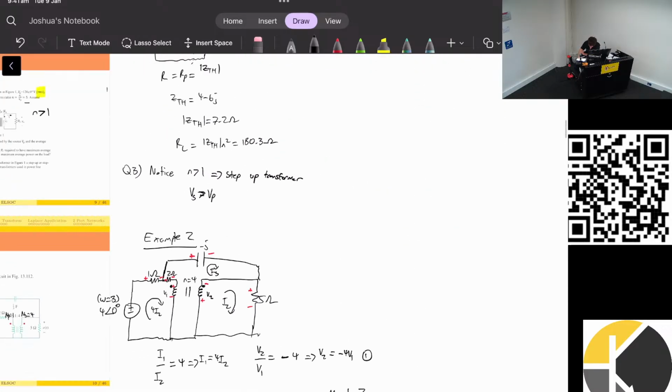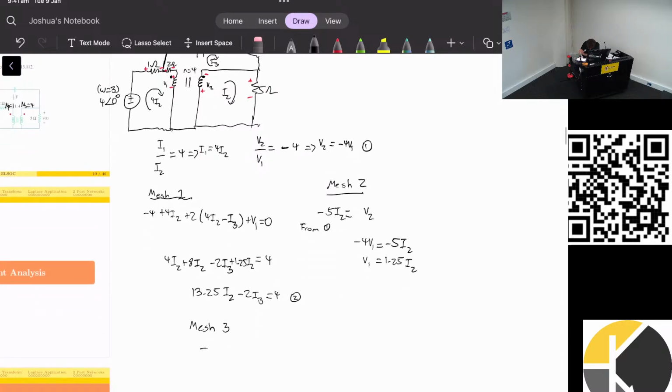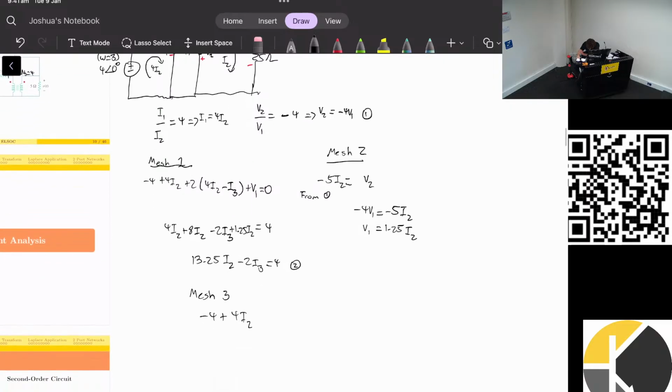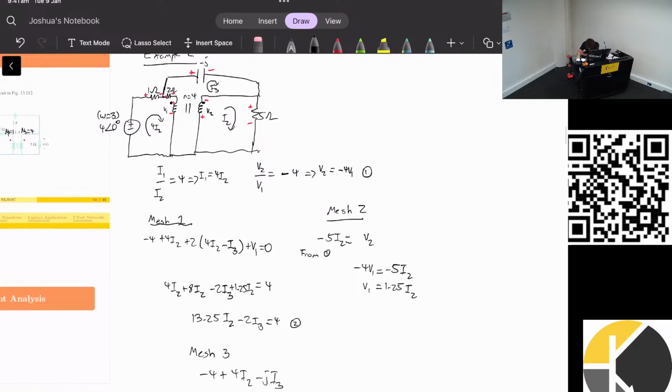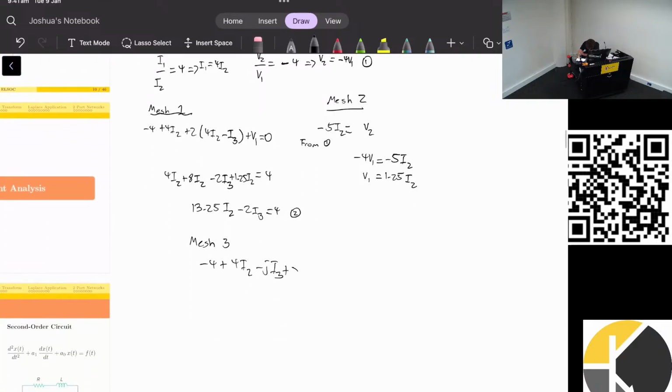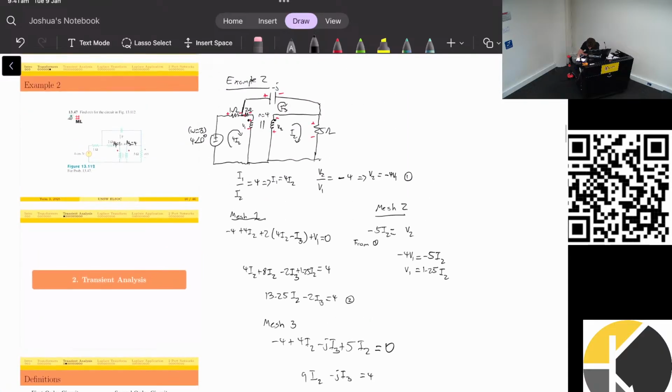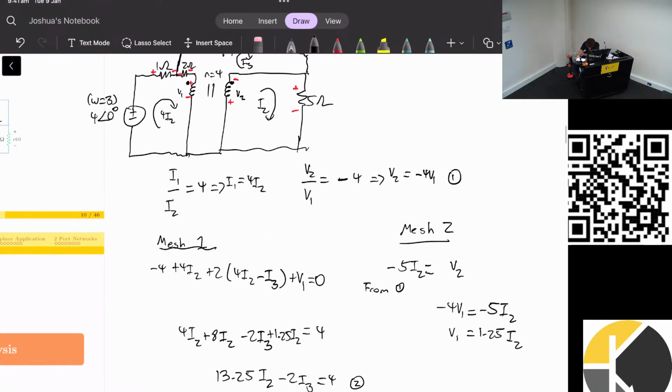We're going to get minus 4 plus 4I2 minus jI3 plus 5I2 is equal to 0, which means we get 9I2 minus jI3 is equal to 4. Now that should be all right.